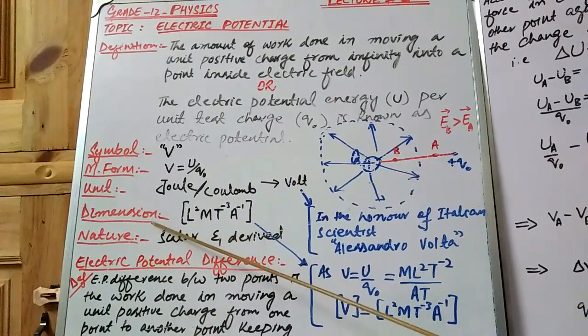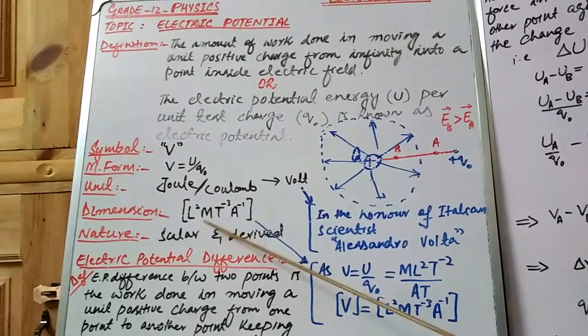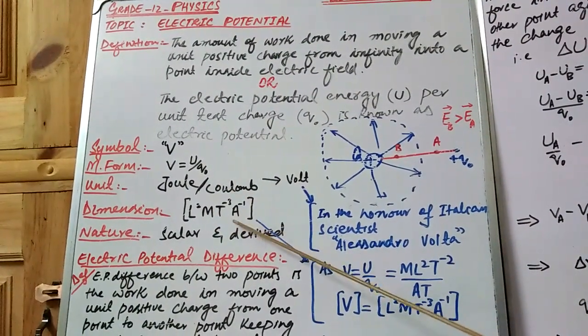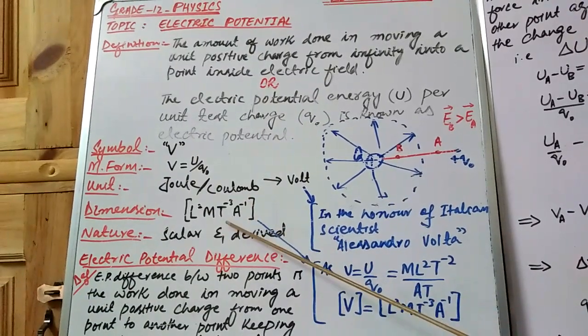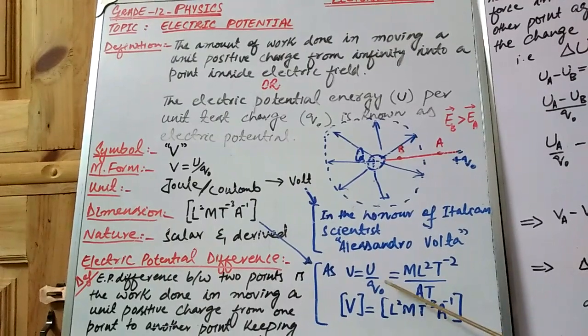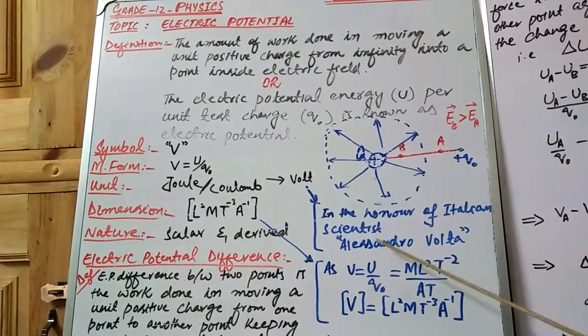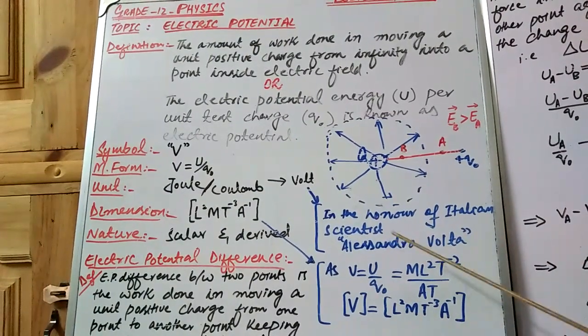The next point is dimension. Its dimension is L square M T minus 3 A minus 1. How does this dimension come? I derived it here by considering its formula, V equals U over Q naught.